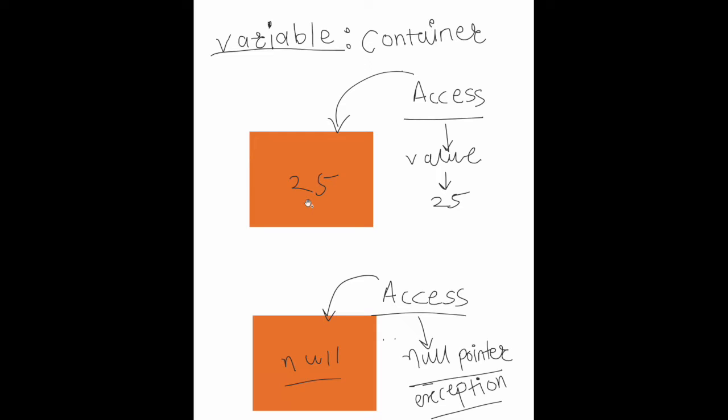When in a program it's part of a class and we have created an object of it, and we try to access that variable, if it has been assigned some value, then we will get that value, for example 25.